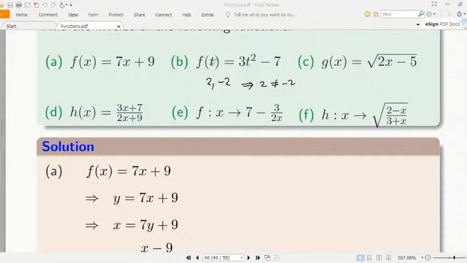What is the image? So, f of 2. What will f of 2 be? It will be 3 times 2 squared minus 7.